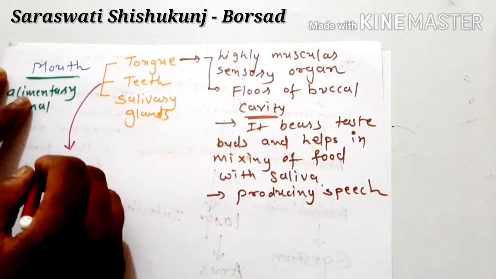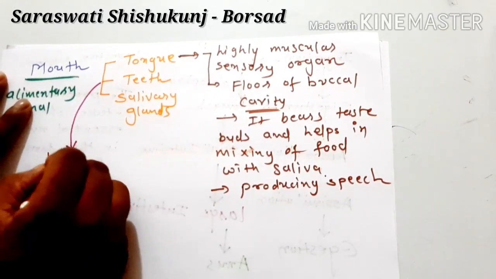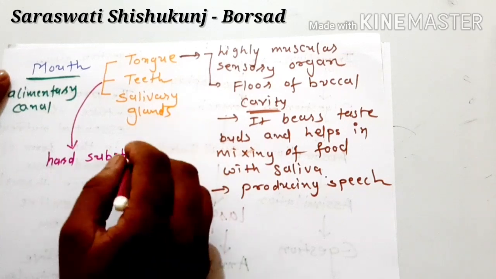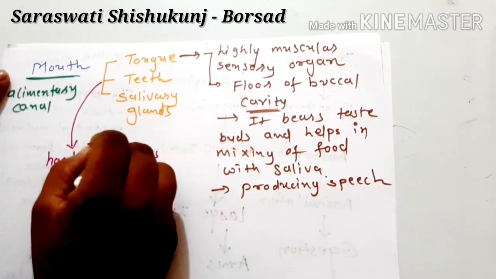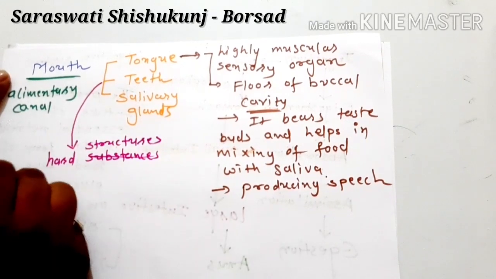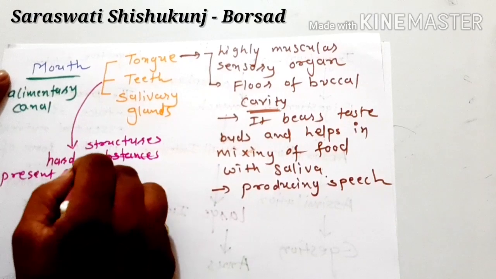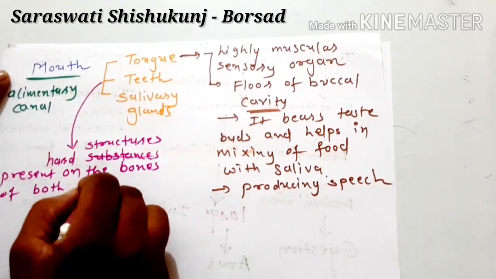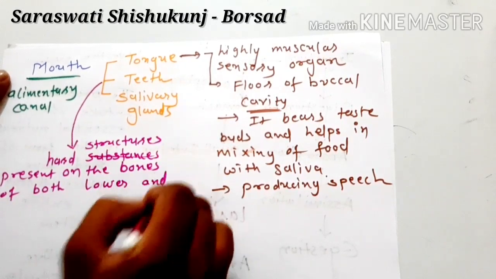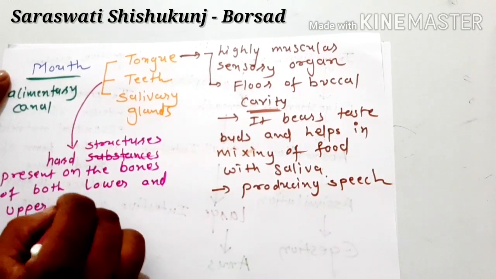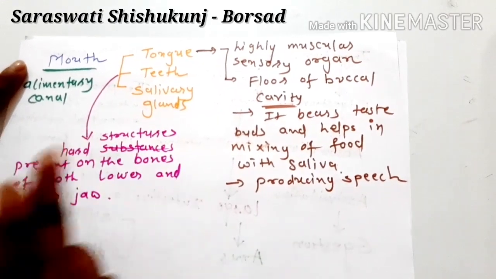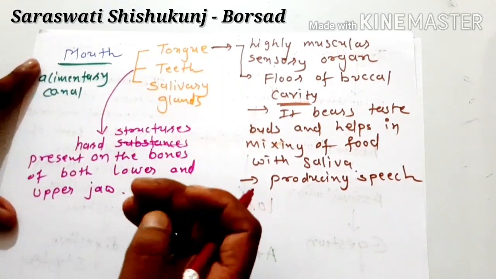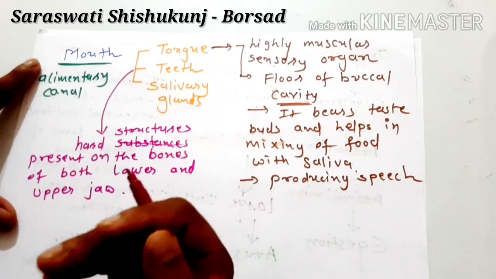Now, how are teeth important to us, or what is the function of teeth? We know that teeth are hard structures which are present on the bones of both the lower and upper jaw.